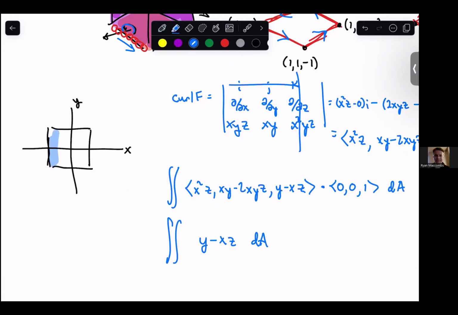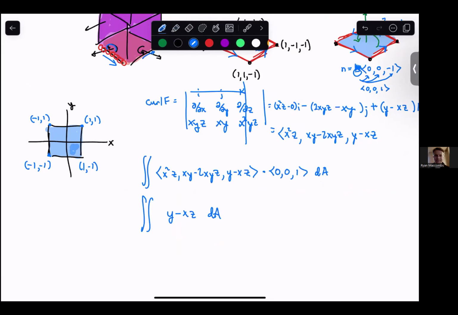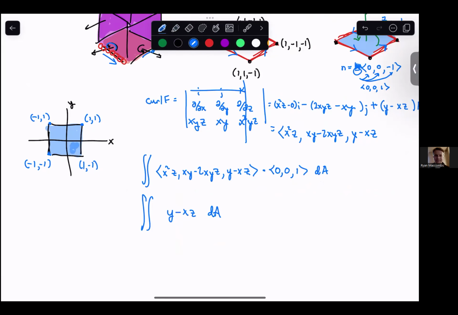So let's go ahead. We can shade this all in. This is going to be what? Here we have the points (1, -1), (1, 1), (-1, 1), and (-1, -1). So I hope you agree that this is a nice rectangle.